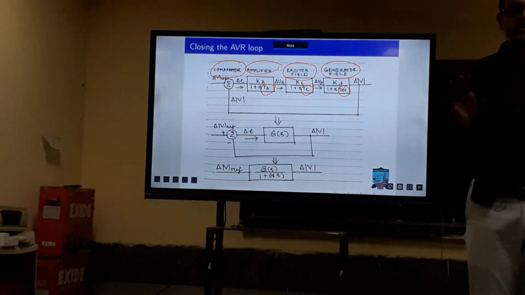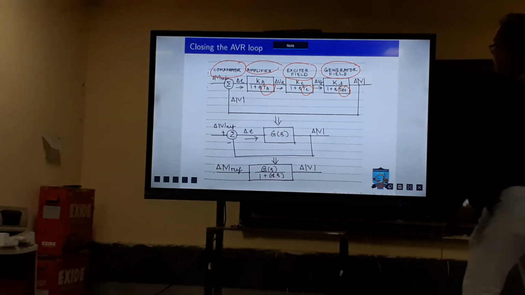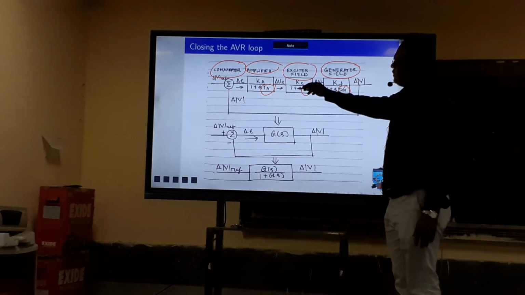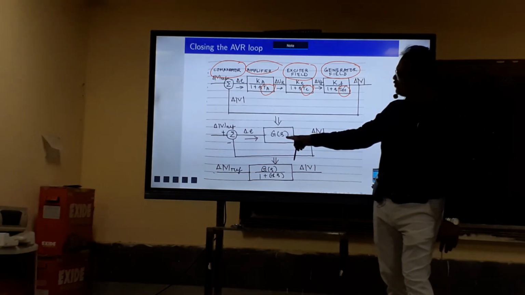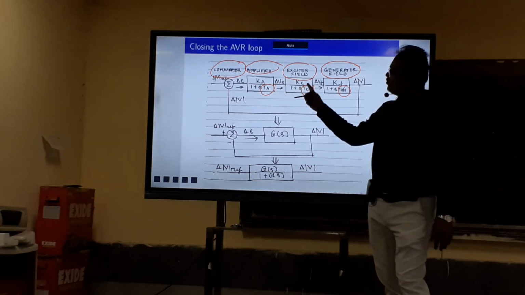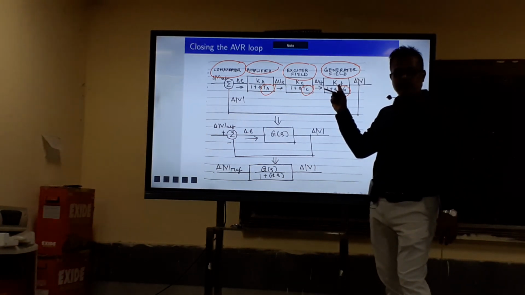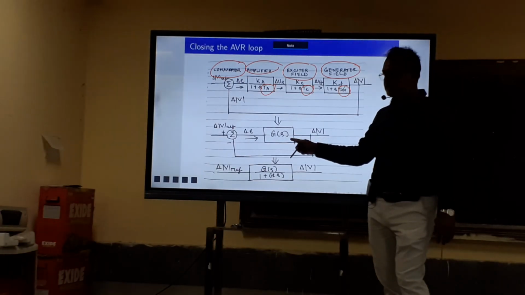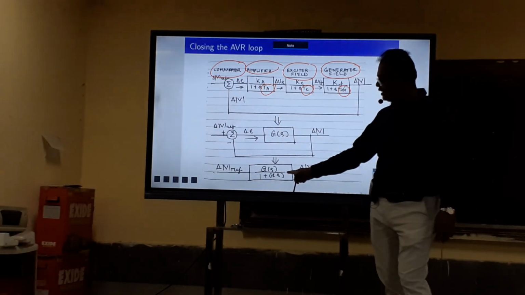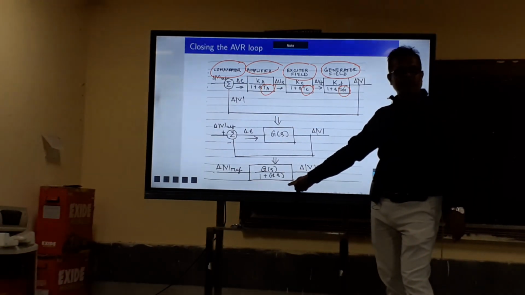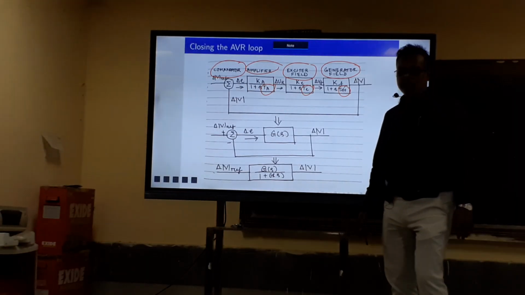No mechanical thing is involved here. Then what will GS be? GS will be GA into GE into G generator. Right? It will be a multiplication of that. Then using this feedback loop, we will find out the total transfer function of the whole excitation system. Okay?